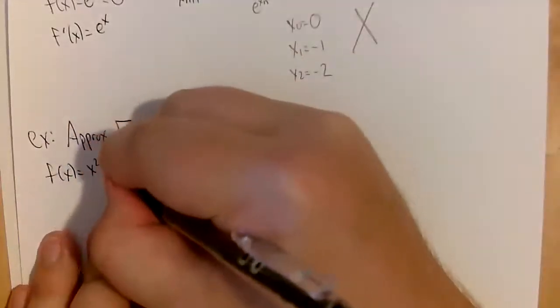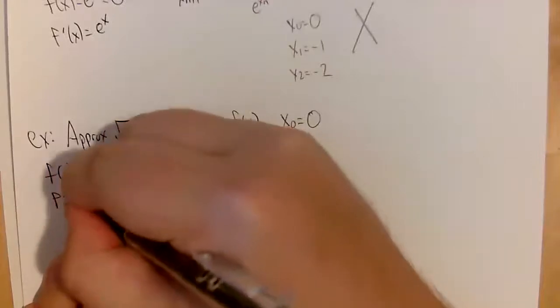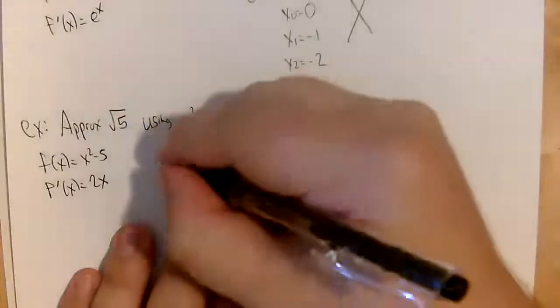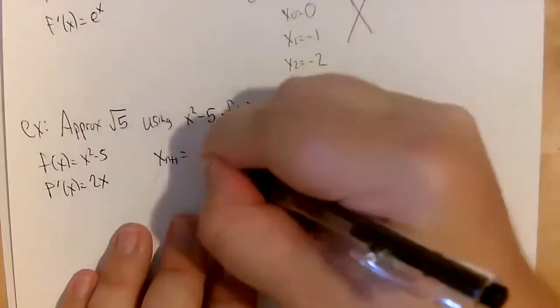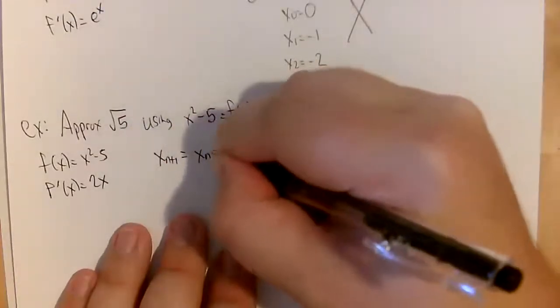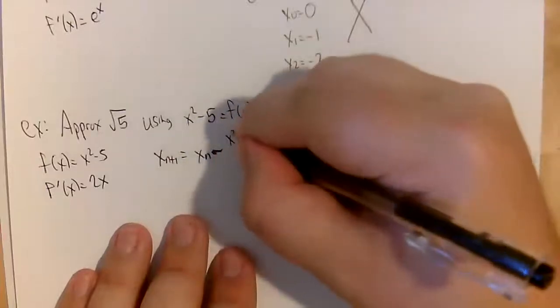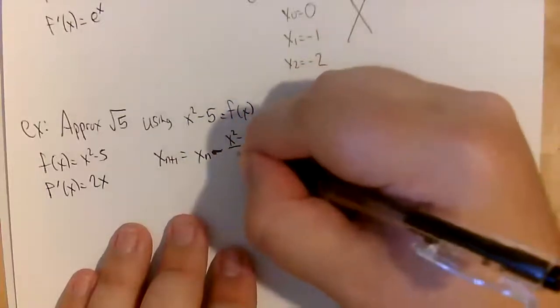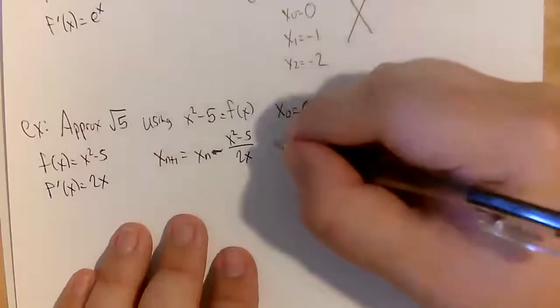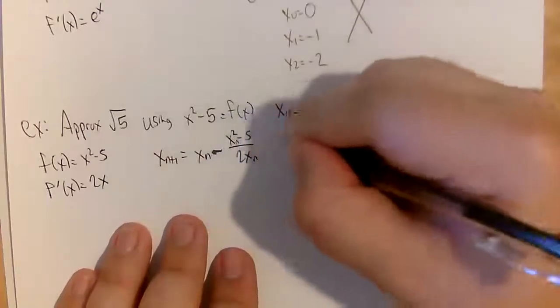All right, well, let's see here. f of x is x squared minus 5, so f prime of x will be 2x. All right, so let's set up Newton's method here. We have x_{n+1} is x_n minus (x_n squared minus 5) over 2x_n.